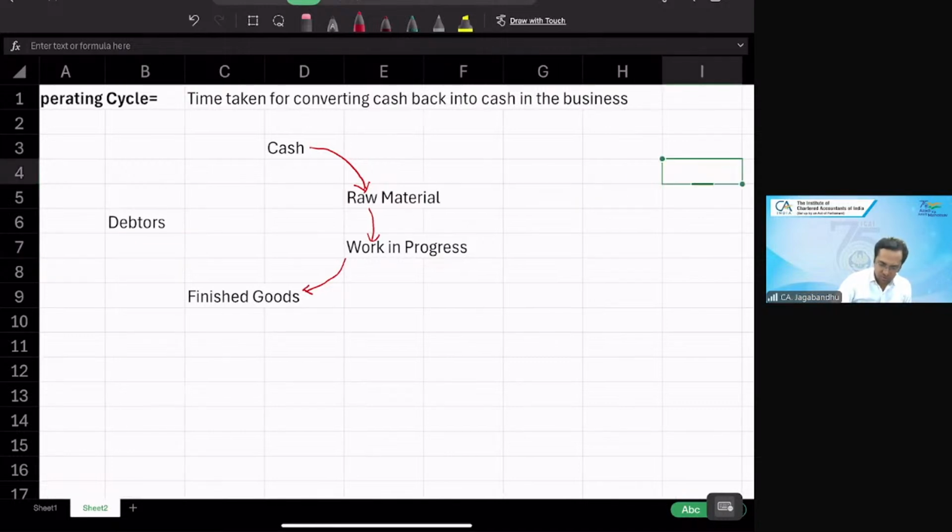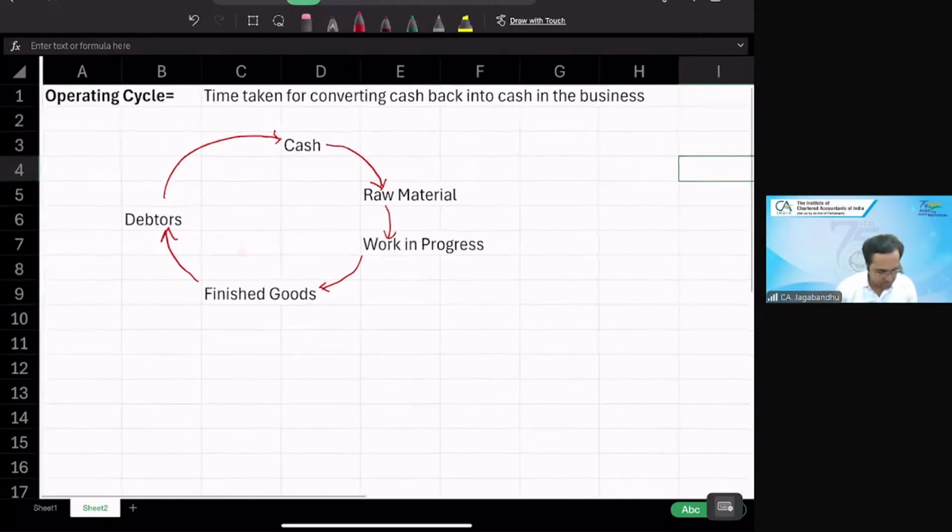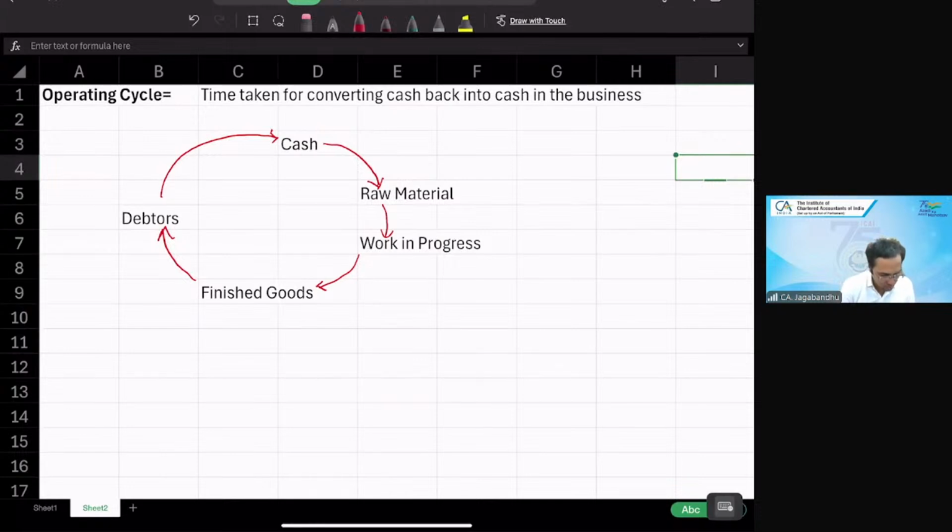From finished goods, it goes to debtors. And finally, when you collect the money, it comes back as cash. So this particular cycle of cash again to cash is what we mean by the operating cycle.